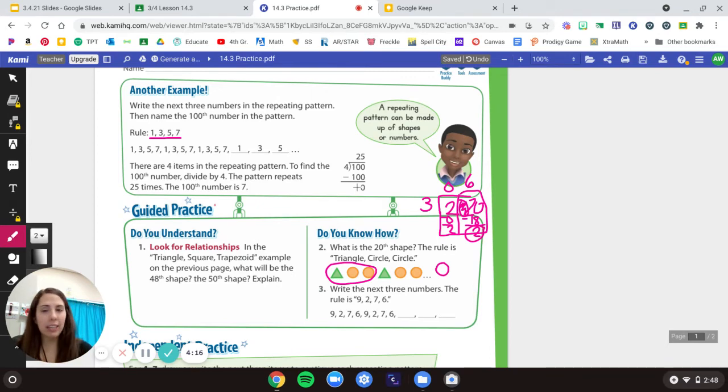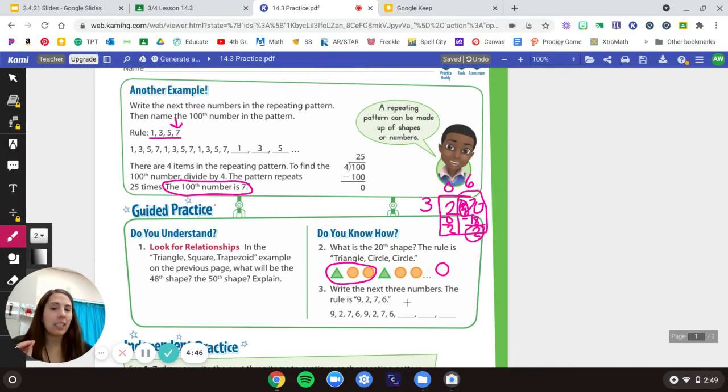Whenever you don't have any remainders, that number is always going to be the last one in your rule or pattern. That's how they know the 100th number is 7, because we've gone all the way through 25 times, landing on that last number, a 7.